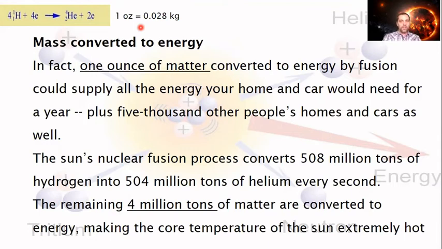In the sun, not an ounce, but 508 million tons of hydrogen are converted into 504 million tons of helium every second. The remaining 4 million tons of matter are converted to energy. So it is incredibly hot.